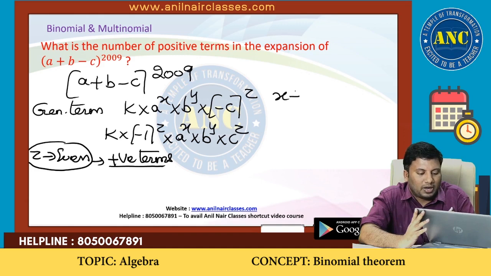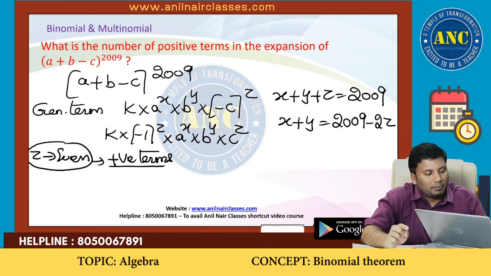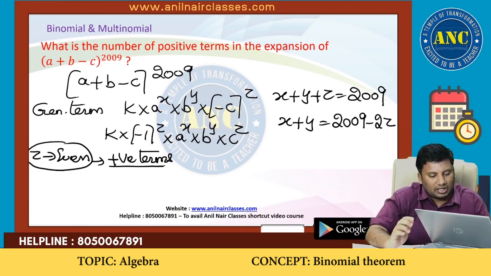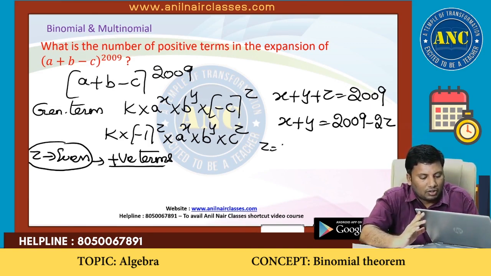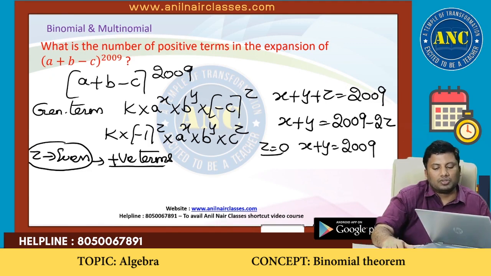So x plus y plus z is nothing but 2009. X plus y is nothing but 2009 minus 2z. I hope it is clear. If z is 0, I will get x plus y equivalent to 2009. 2009 plus 2, 2011.